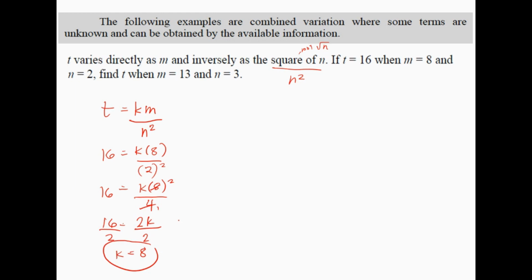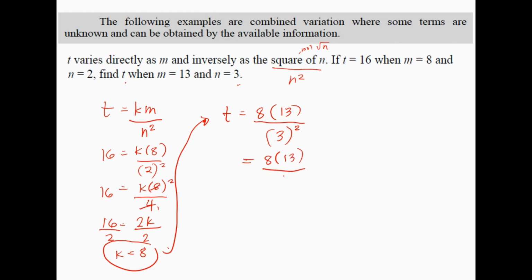So, that is our concept of variation. Now, we are going to use this to solve for t. So, t equals 8. M is 13. Then, n is 3. So, take note, n is squared. So, 8 times 13, 3 squared is n.